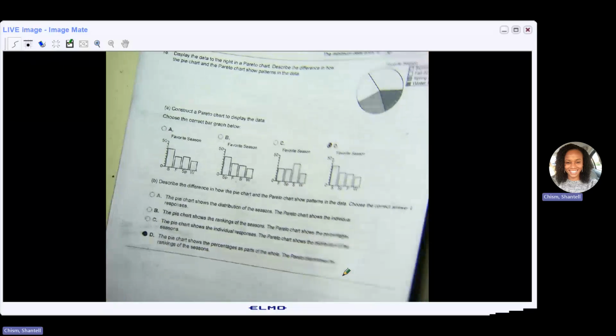All right, moving on. This one is asking us to determine whether the following statement is true or false. If it is false, rewrite it as a true statement. It says the mean is the measure of central tendency most likely to be affected by an outlier. That statement is true. An outlier is a value that is far removed from the majority.